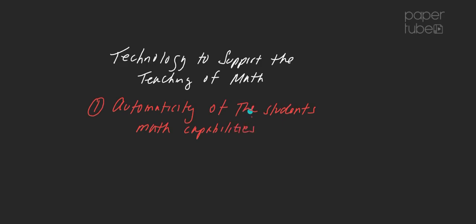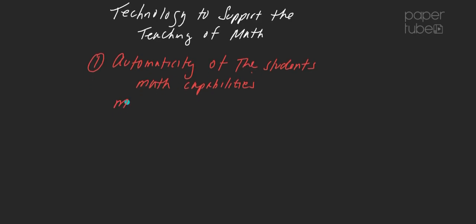And when I think about automaticity, I'm talking about how basically it is kind of math fluency. If we were talking about reading, we talk about reading fluency, and that's the ability to decode words both accurately and also quickly. Math fluency has to deal with, does the student really know their number facts?